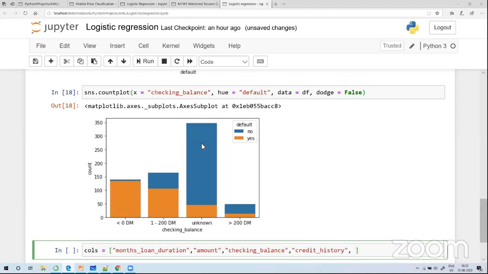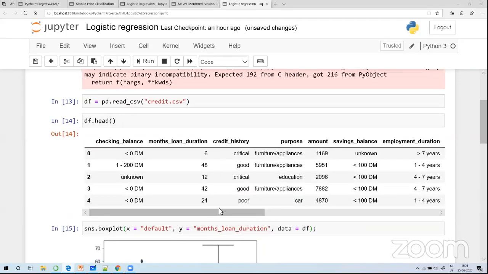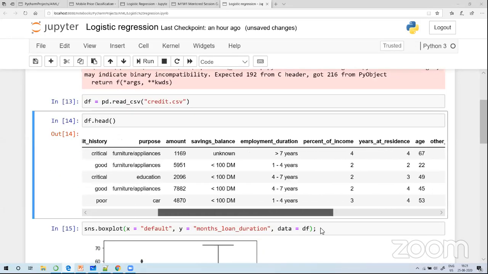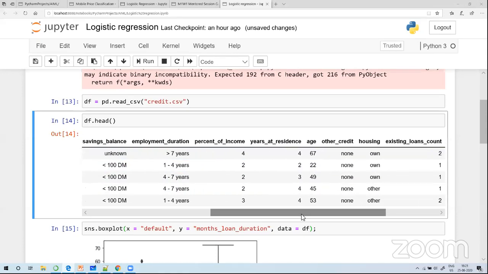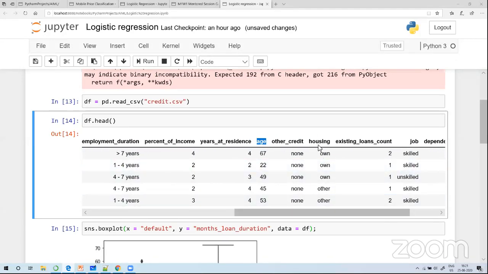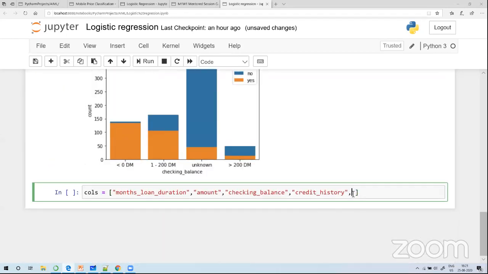And what other variables can we use? Purpose I am not going to use because it has a lot of values. Savings balance I am not going to use. Age and dependence and housing, those are the ones I'm going to use. You may ask, how do I know? I have worked on this data set before also, so I know which variables are important.